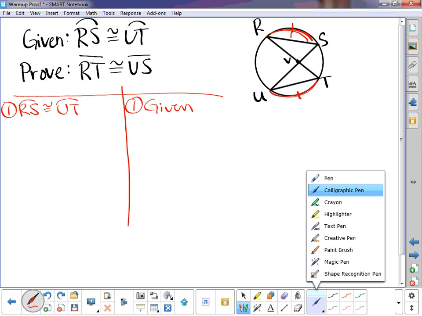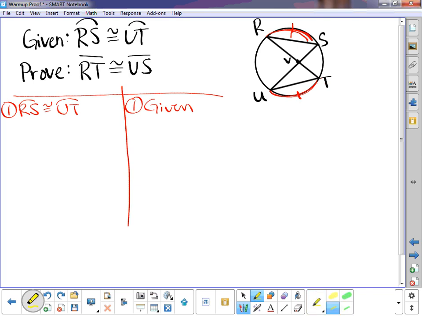And vice versa. Do you agree with that? So the proof statement is this chord RT. Notice the arc that goes with it. And then the proof statement says US. Notice the arc that goes with that. Do those arcs look congruent to you?